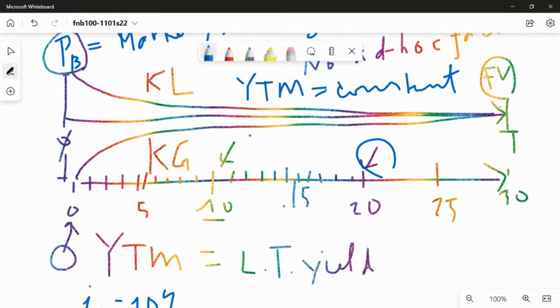If the yield to maturity changes, in other words, the discount rate changes, even during the life of the premium bond, sometimes you can have something like this, and then again like this, and like this, right? But the overall trend is declining.